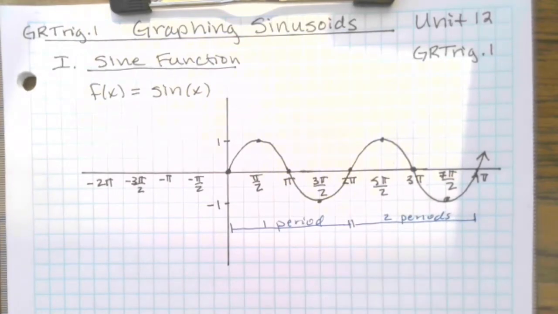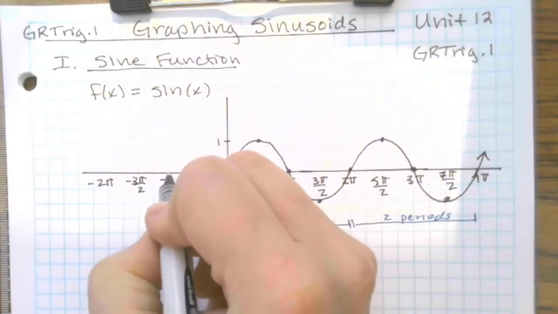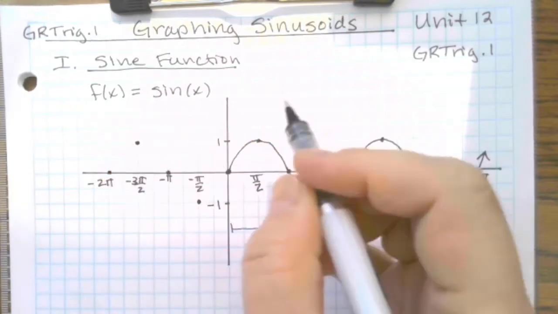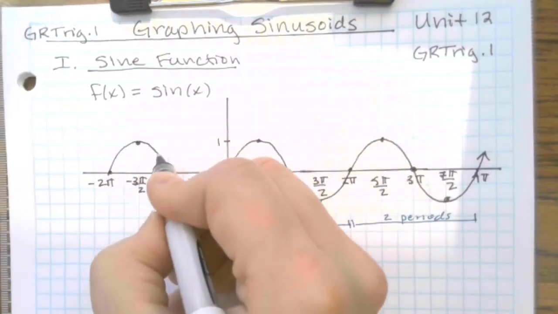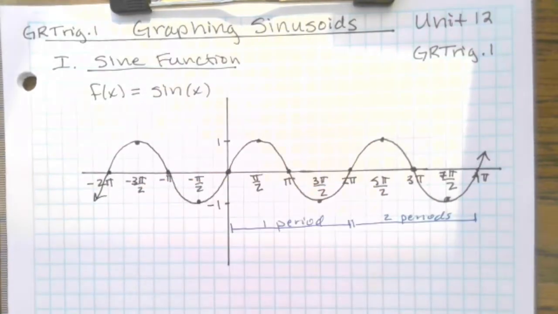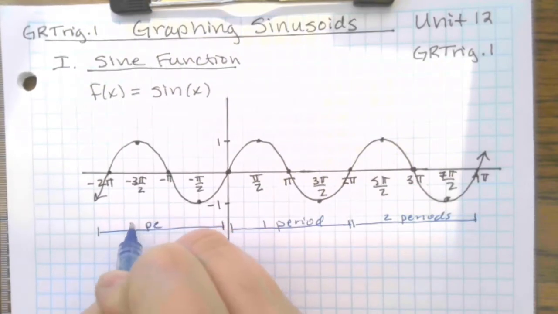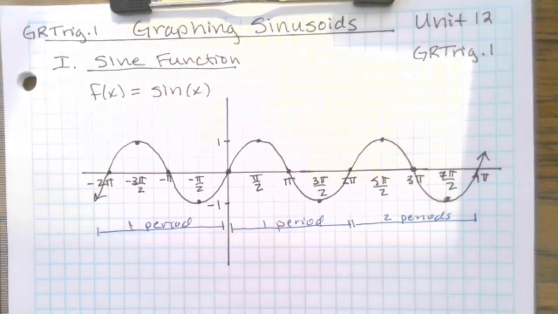That's how much you need to graph. Okay, now we're going to go backwards. So the values go backwards. We have a negative 1, a 0, a positive 1, and a 0. And then an arrow to keep going. And of course, this is 1 period to the left.